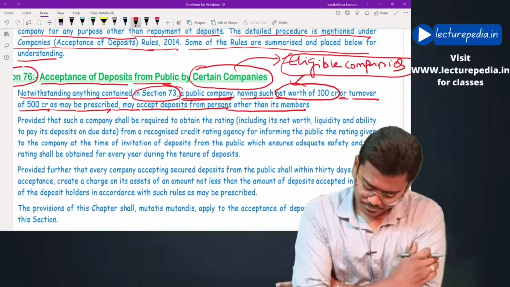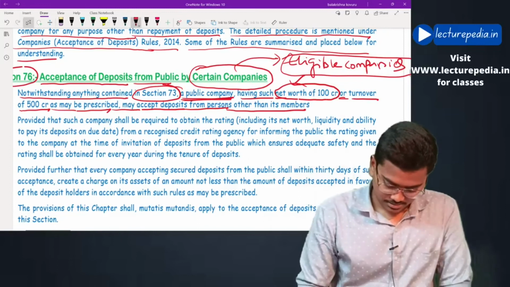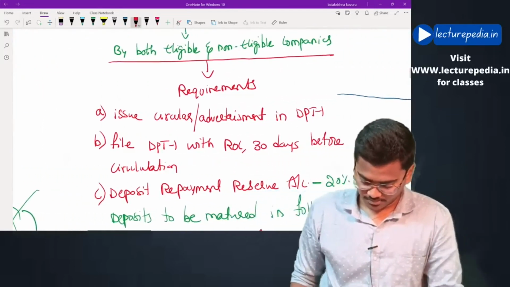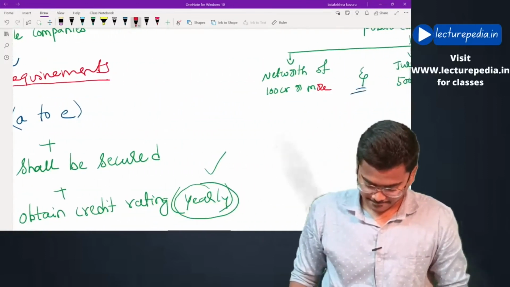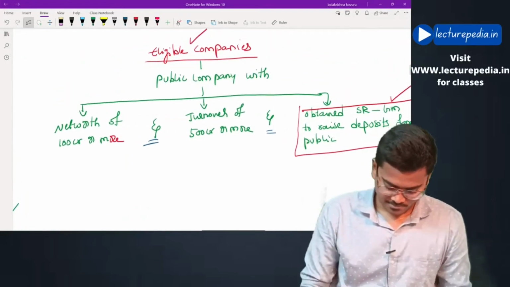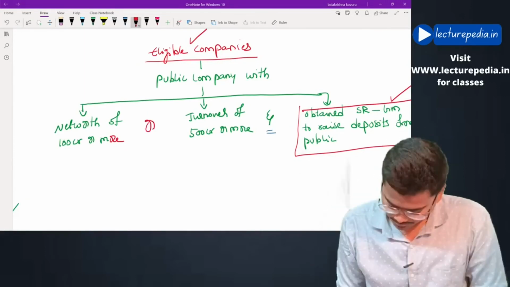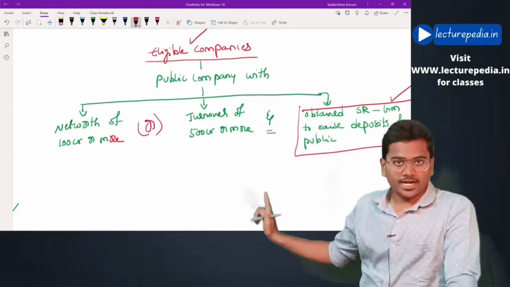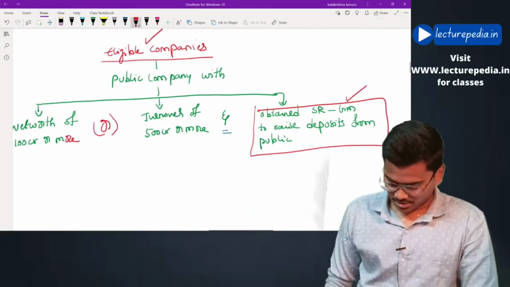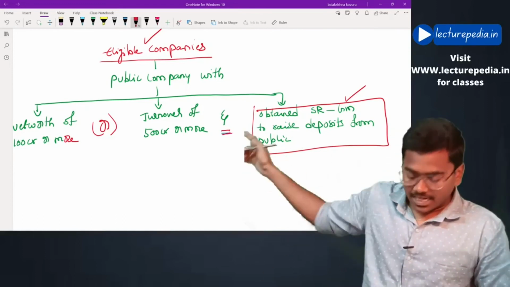Here, sorry, there is a small correction that has to be made in the definition of this eligible company. Here you replace this with or. Net worth of 100 crore or more, or turnover of 500 crore or more, and here it will be and only. First it will be or, next it will be and.